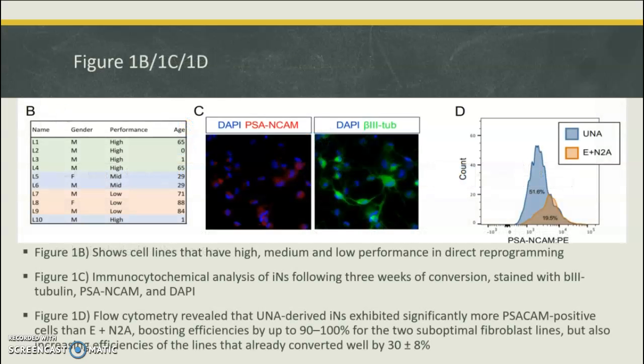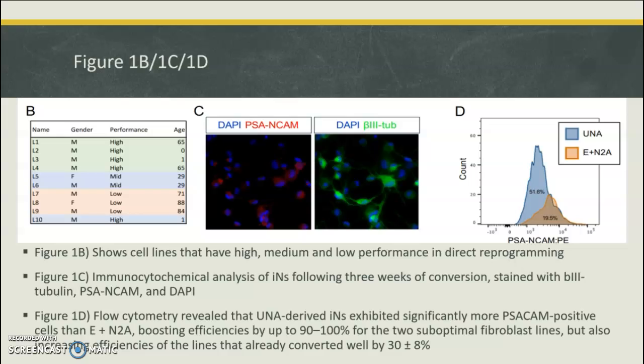So now I want to move on to figure 1b, c, and d. So in figure 1b, this typically shows cell lines that have high, medium, and low performance in direct reprogramming. So fibroblast cell lines that can convert a lot of fibroblasts into induced neurons are indicated in green, medium performance are indicated in blue, and fibroblast cell lines that do not convert fibroblasts into induced neurons or at a very low level are indicated in red.